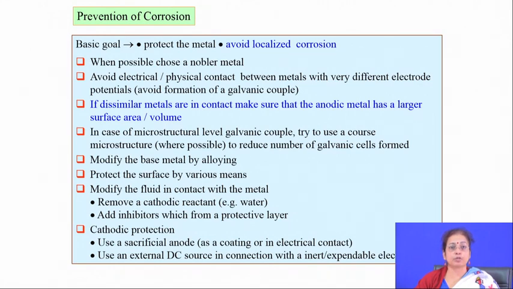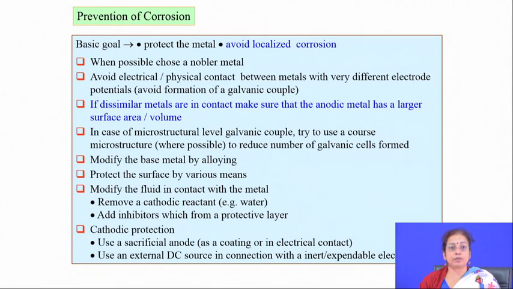Whenever it is possible you choose noble materials, or otherwise a material in which a stable, passive film forms which protects the underlying substrate. Then avoid electrical or physical contact between metals to get rid of the problem of galvanic corrosion. If dissimilar metals are in contact, make sure that the anodic metal has a larger area to volume ratio, that is a typical design criterion.